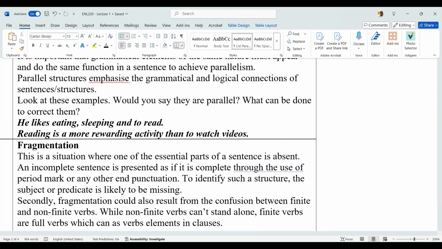So parallel structures are used for emphasis and also for grammatical and logical connections. By the time they stand staccato, they become memorable. The examples we have given before became memorable just because of the way they were used.